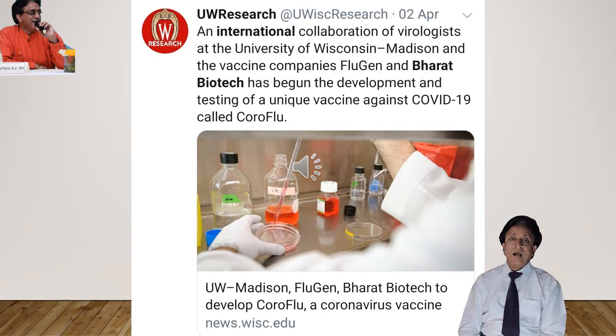The University of Wisconsin researchers tweeted that they have collaborated with the virologists at Bharat Biotech, and they have begun the development and testing of the unique vaccine against COVID-19, and this vaccine is going to be called Coroflu, which is going to be given intranasally.